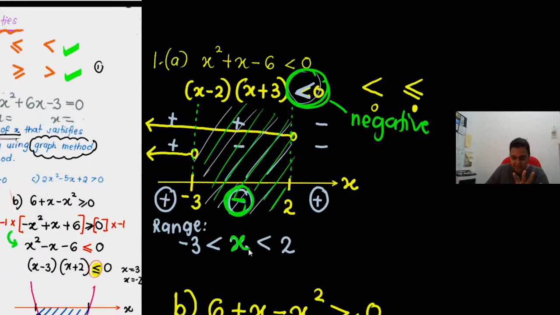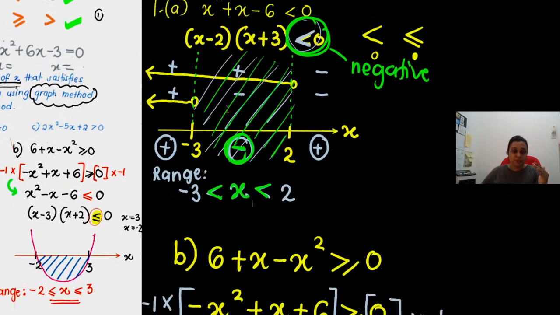So you write x in the middle, put the symbol in front and behind. This only applies if it's in the middle. When your range is in the middle, the format is like this: you write the x, then you put the signs side by side.